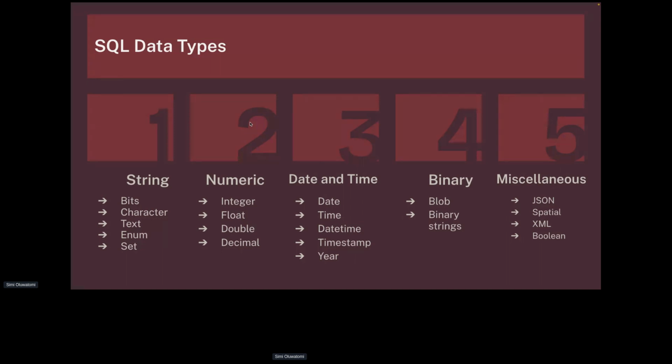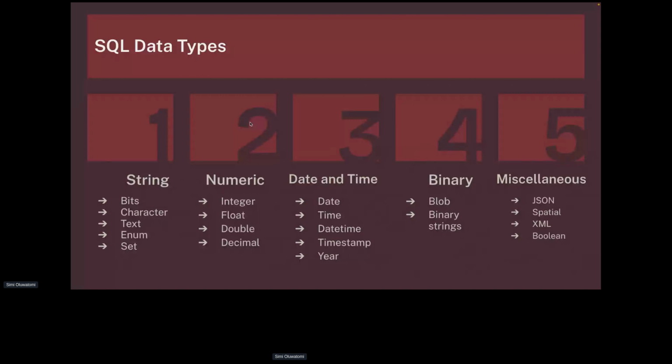MySQL also does that, but you have to install an extension. Postgres stores XML data, MS SQL, Postgres, Oracle, they all store JSON data. Some store Booleans. So different types of data are available for you to choose from when declaring what type of data you are going to be storing in that column.